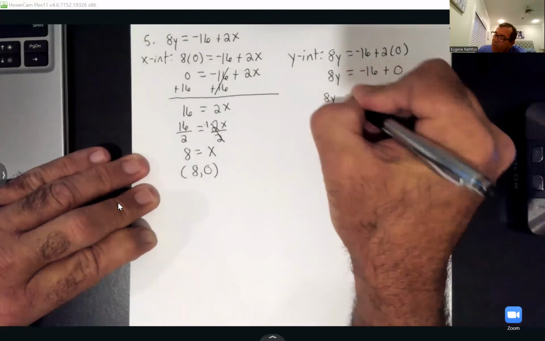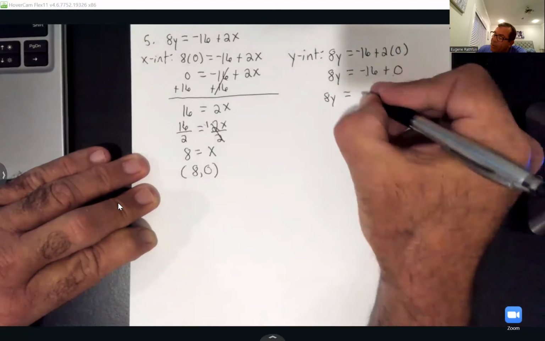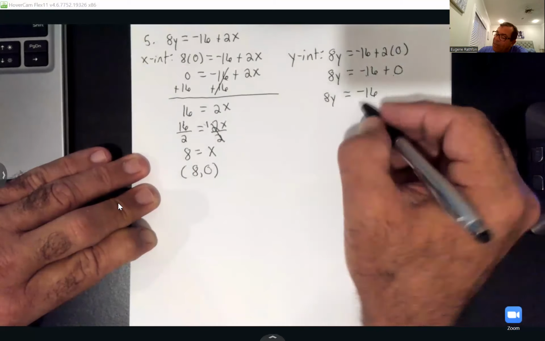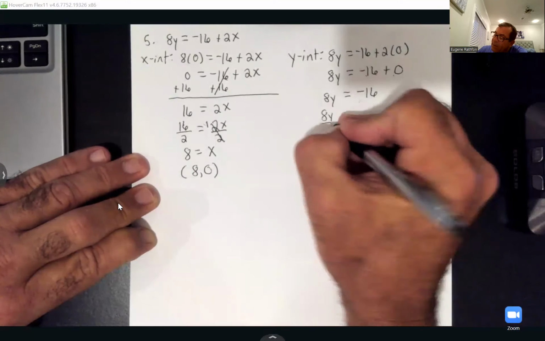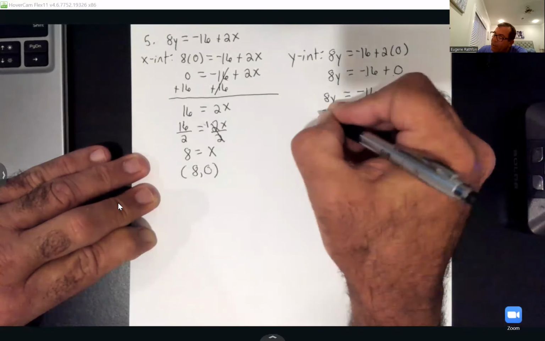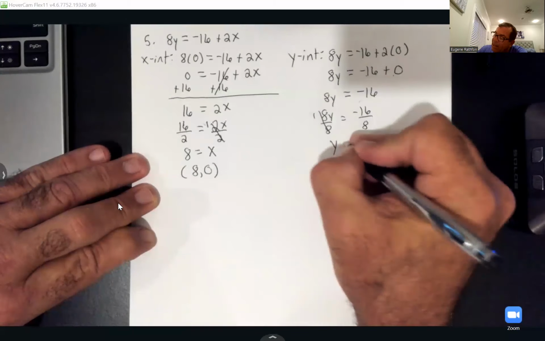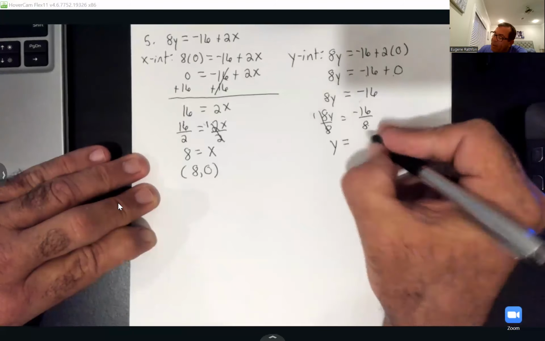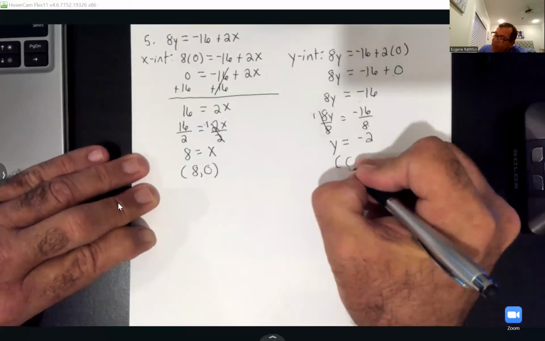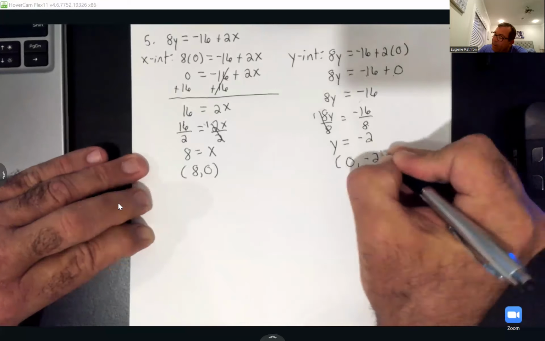So then I get 8y equals -16 plus 0 is -16. And then divide both sides by 8. So y'all, that cancels, giving me my 1y like I needed. -16 divided by 8 is a -2. So my y-intercept is (0, -2).